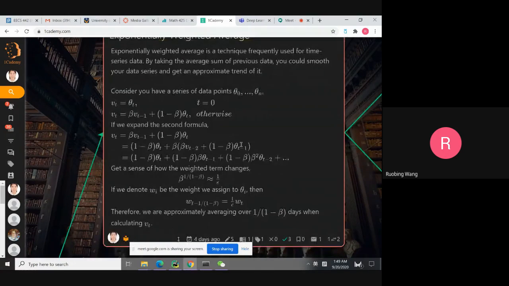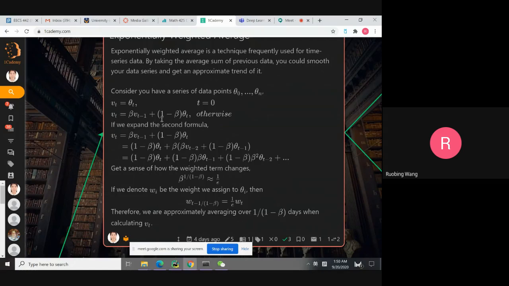So imagine you have a series of data points theta 0 to theta n, and our target is to compute another series of data points v0 to vn that can approximate the trend of the original data points. So for the initial time t, when t is equal to 0, you assign theta 0 to v0.